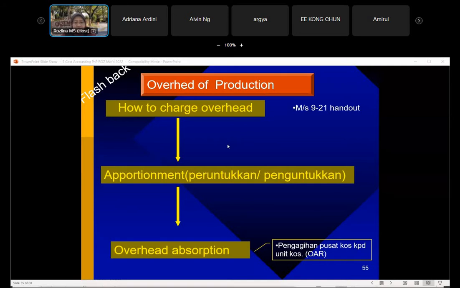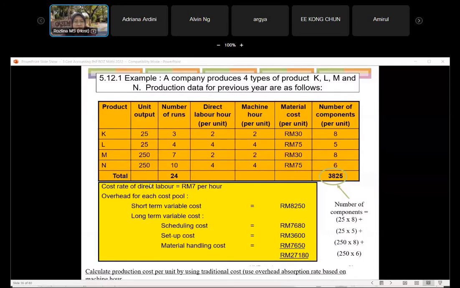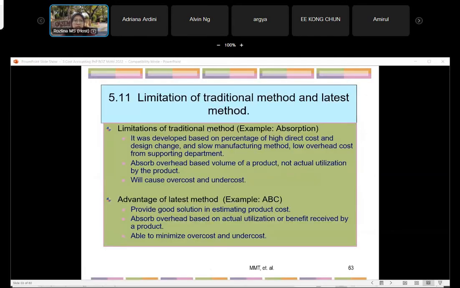Okay, so this is the question that we have done. And so you know which data that you want to take to process to find out what is the cost for the product. Okay, so this is the limitation.